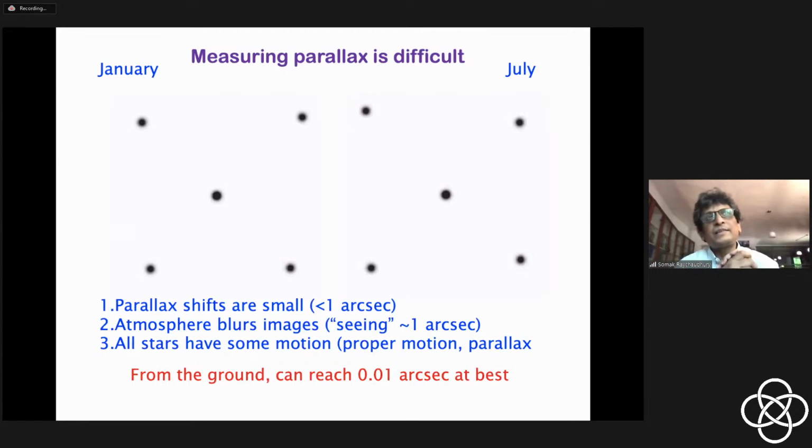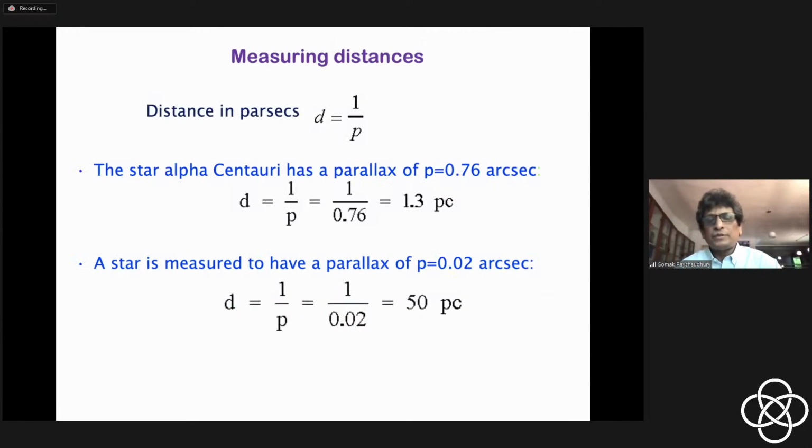So you can do this for many stars by repeated measurement, then fitting a model in which you have a parallax and a proper motion. But it is very clear that in order to get any better than this, you cannot do it with a telescope on Earth. You have to go into space.